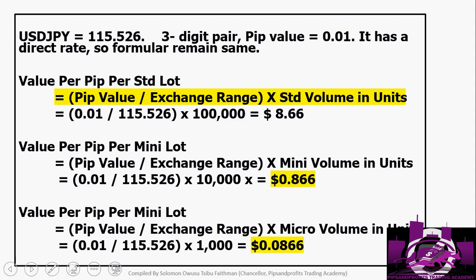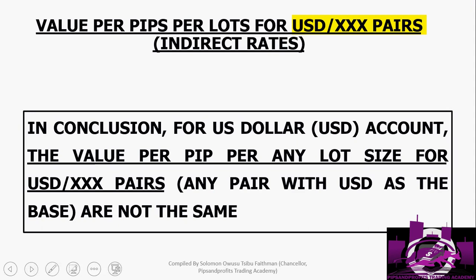Okay, so in conclusion, for a US dollar account, the value per pip per any lot size for USD paired with any other currency, their value per pip per lot are not the same. They are not the same.